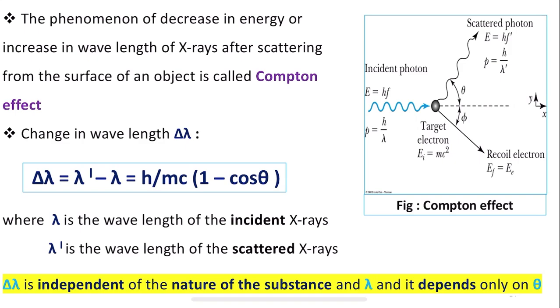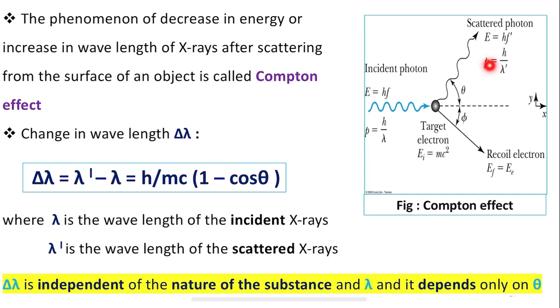Here the scattered rays will have lower energy than the incident ray. When the incident radiation or photon falls upon the carbon, there will be an increase in the wavelength of the scattered radiation. Since the scattering is caused by the electrons, it is evident that some interaction has taken place between the X-ray and the electrons, and this has resulted in a decrease in the energy of the scattered X-rays.